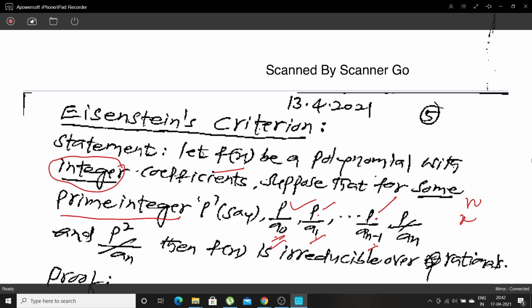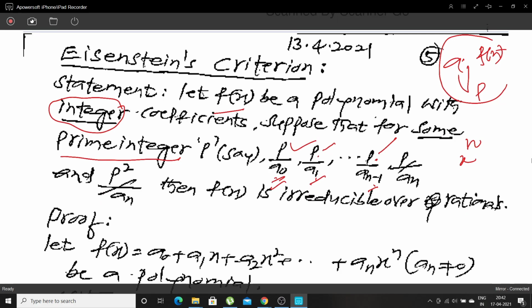Let me recall the previous theorem. Aj is the first coefficient of f of x which P does not divide. Similarly, Bk is the first coefficient of g of x which P does not divide.